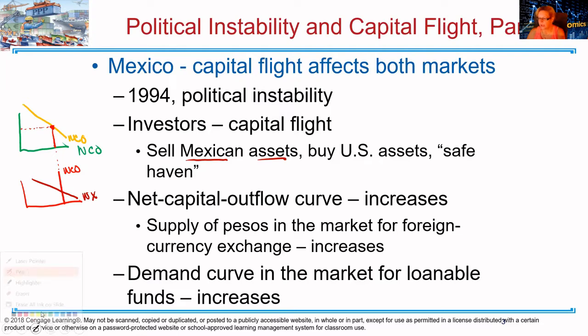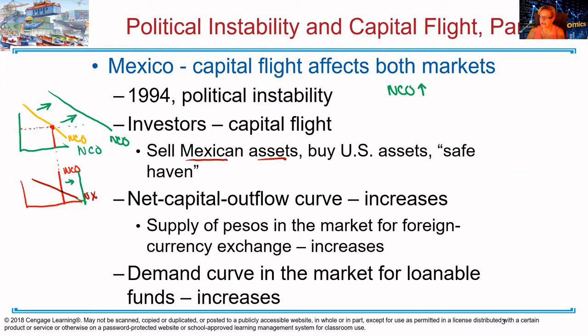In terms of what happens, the net capital outflow for Mexico will shift, in this second graph, outward and to the right. When it does that, net capital outflow will increase. Let's see what happens here. If it's increasing, it's likewise increasing here.